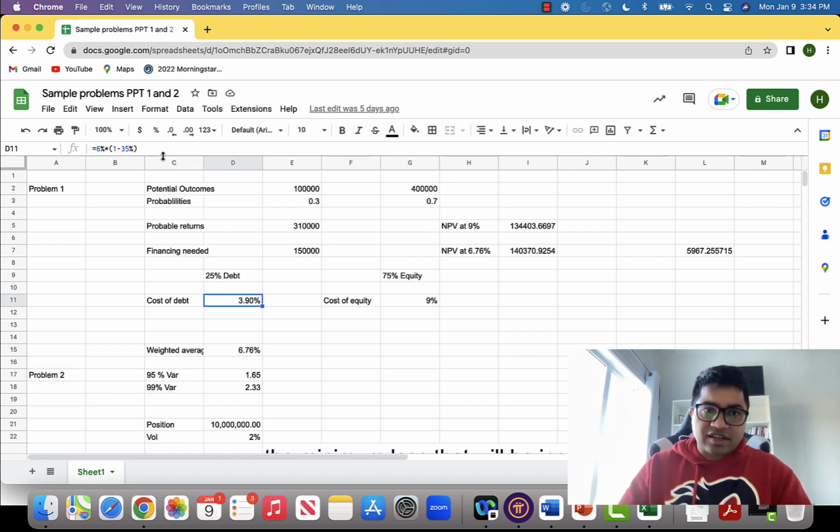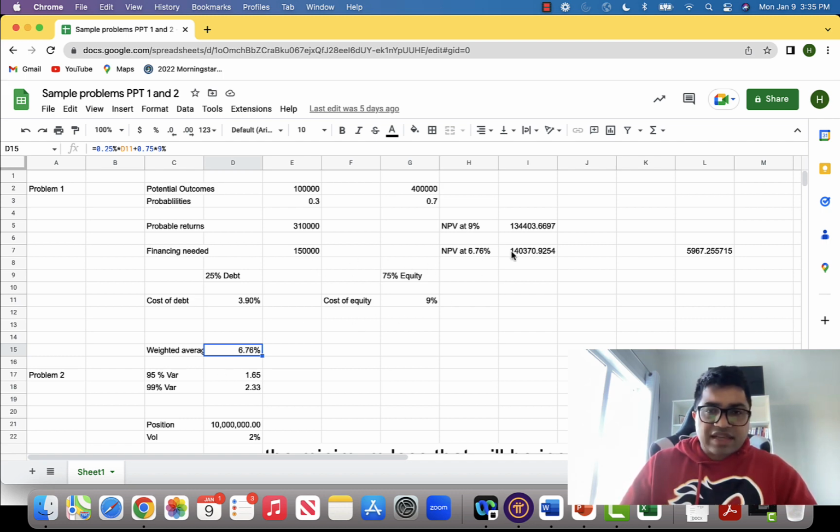So 6% into 1 minus 35% gives you a cost of debt of 3.9%. So you have cost of debt, cost of equity, the percent you raise from debt, and the percent you raise from equity. So you calculate the weighted average cost of capital: 25% debt into 3.9% cost of debt plus 75% equity into 9% cost of equity. So you get 6.76%. That is the weighted average cost of capital for option 2.